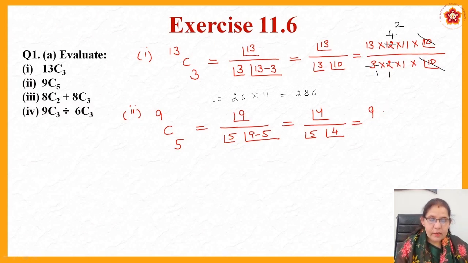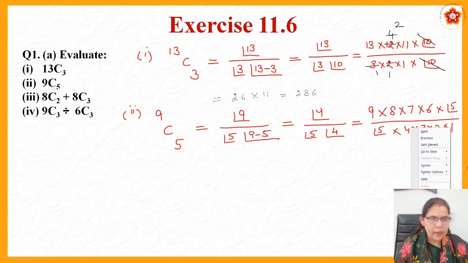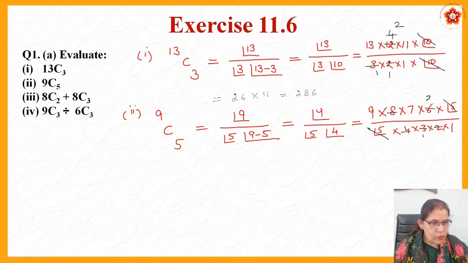So let us write factorial 9 as 9 into 8 into 7 into 6 into factorial 5 upon factorial 5, and factorial 4 can be written as 4 into 3 into 2 into 1. Just see what you can cancel. We can cancel factorial 5 and then 4 twos are 8, so 8 gets cancelled. Here we have 3, so 3 ones are 3 and 3 twos are 6.